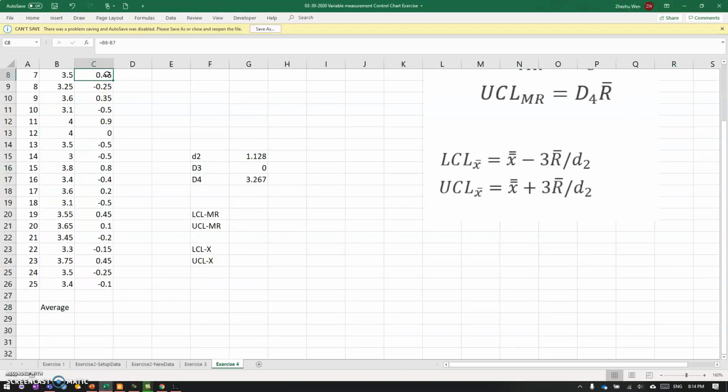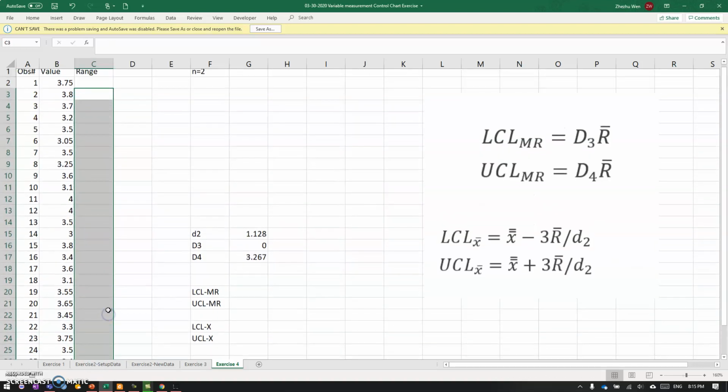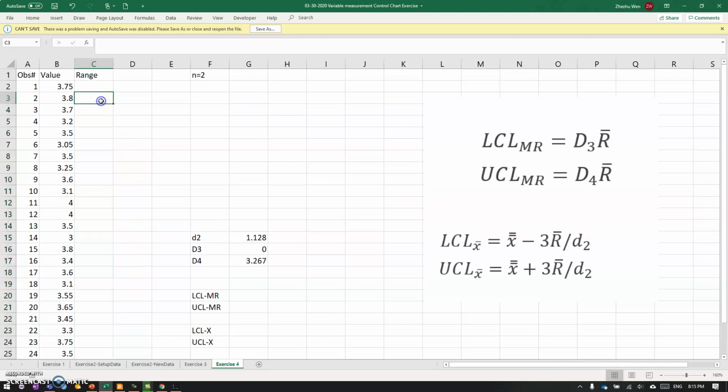As you can see, I've done some pre-calculation here. The range group is 2. What I've done here is B3 minus B2, and you get this number. Let me redo it just to show you, this minus this.